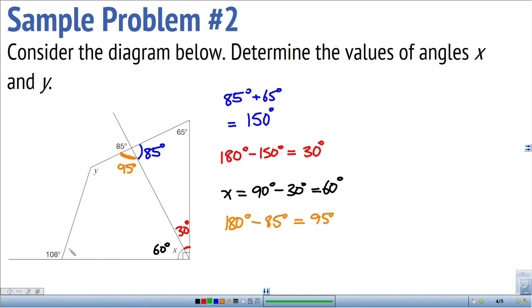So I can use green. Okay, this angle here with 108 together, again, is a straight angle. So if I do 180 degrees minus 108 degrees, that will get me 72 degrees. So this angle here is 72 degrees. Now, if I have all the angles except one, I can find that missing one.